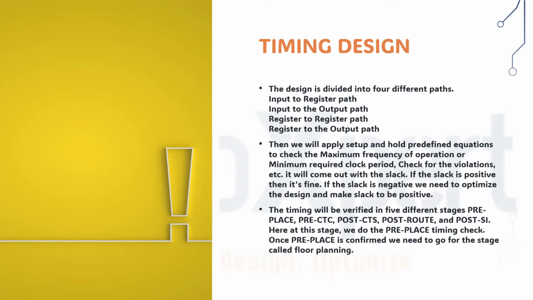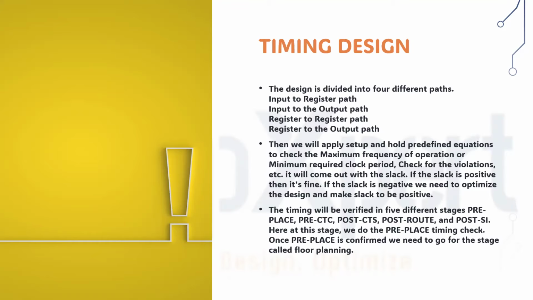These are the scenarios we check for timing. We apply setup and hold timing calculations. Setup is like the speed at which it will conduct. Hold is how long the data can be held for each cycle.